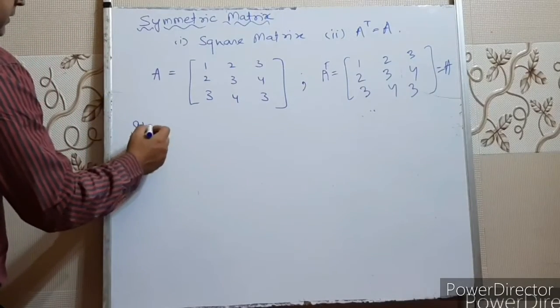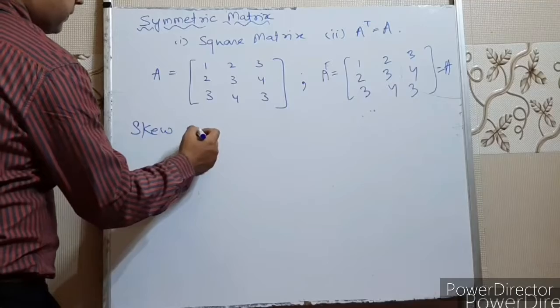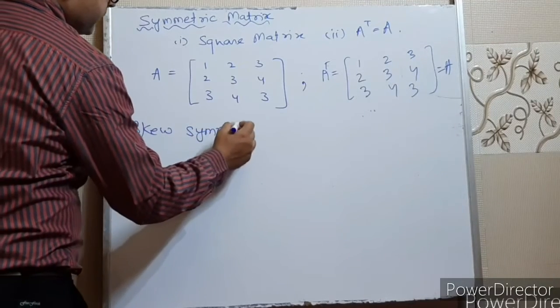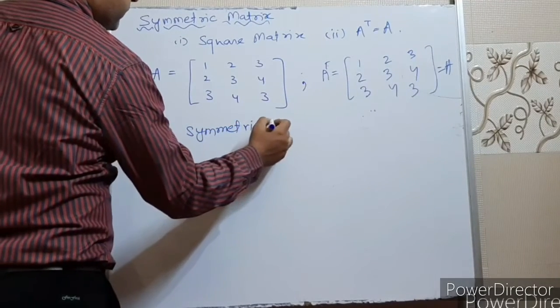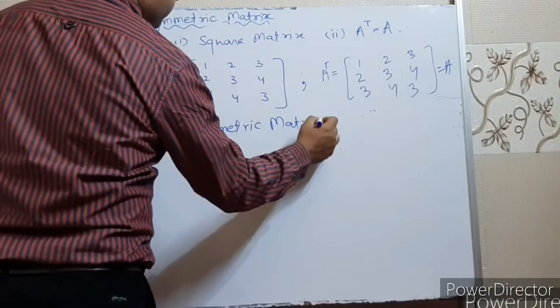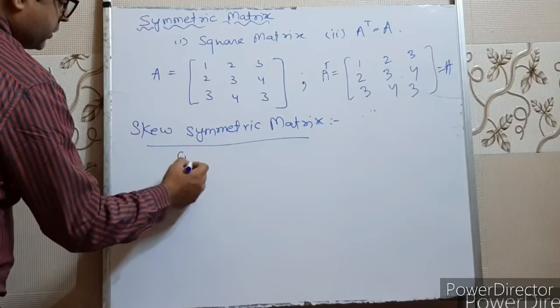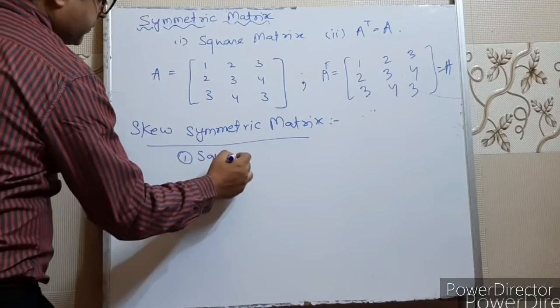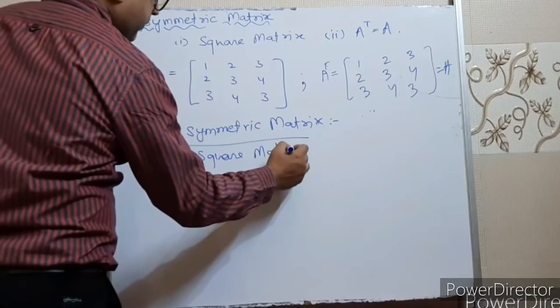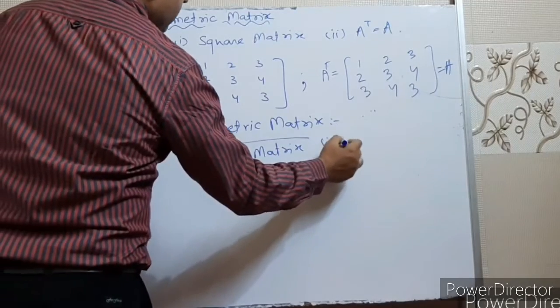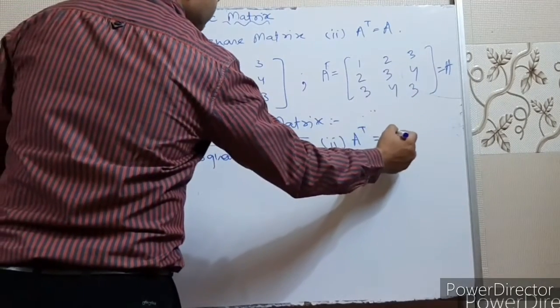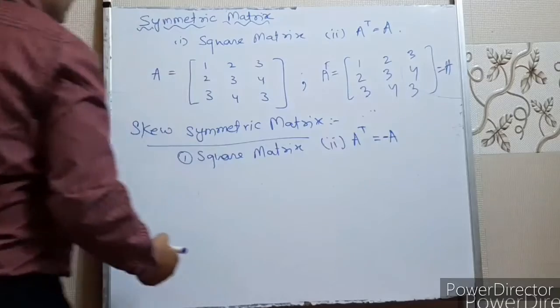Skew symmetric matrix. In a skew symmetric matrix, again there are two conditions. The matrix must be a square matrix, and the transpose of the matrix must be equal to minus times that matrix.